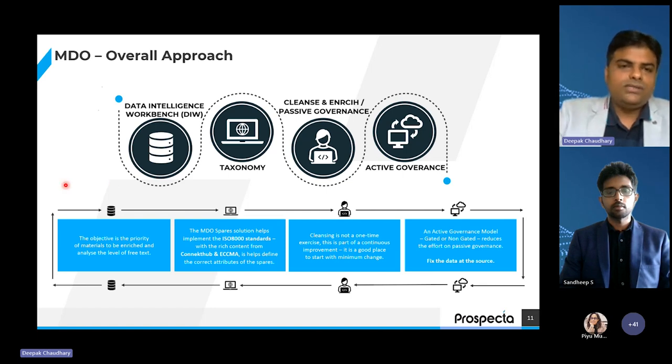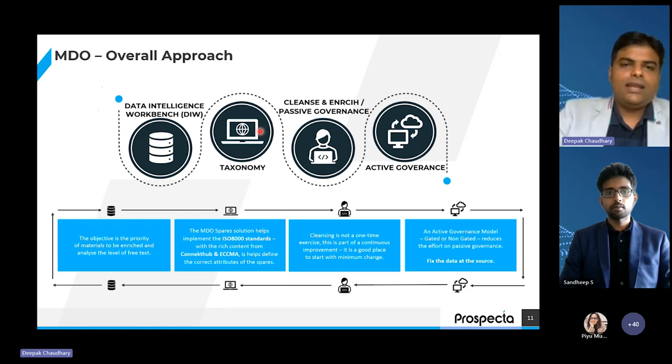So what you can do is some sort of initial filtering. You can build business rules within our MDO solution. Let's say the spare parts which are not consumed for the last 3 years, or which are not attached to any bill of materials. All of those business rules you can build within the DIW framework, and you can get the list of priority or high impact items.